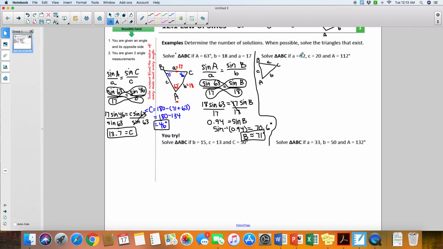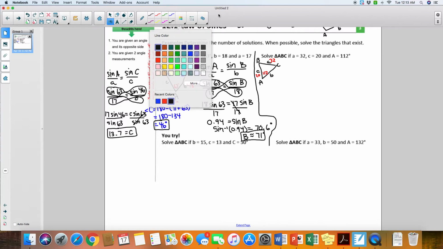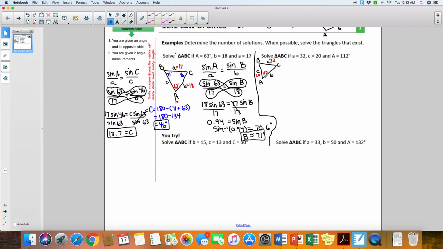And let's see. So a is 32. So this would be 32. All right. c is 20. So this would be 20. And then big A is 112. All right. So let's go ahead and look at what I'm going to substitute. I have information for A and a. So of course I'm going to use sine of big A over little a equal to, and then I have this c here, right?